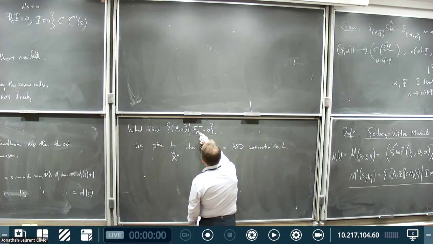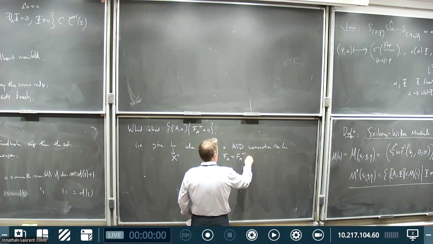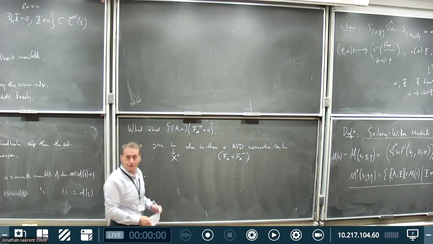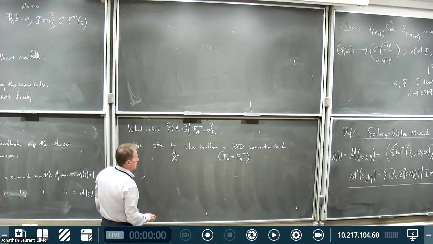If that is equal to 0, then the curvature of it is equal to F minus. That's why it's called anti-self-dual. That's an interesting question.